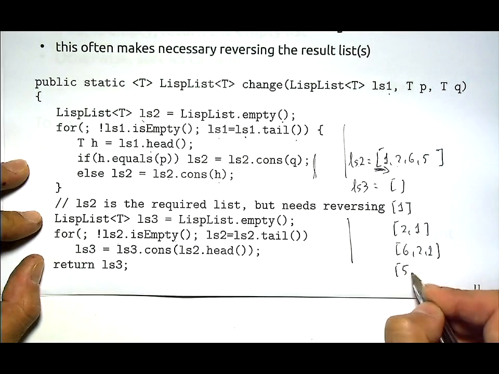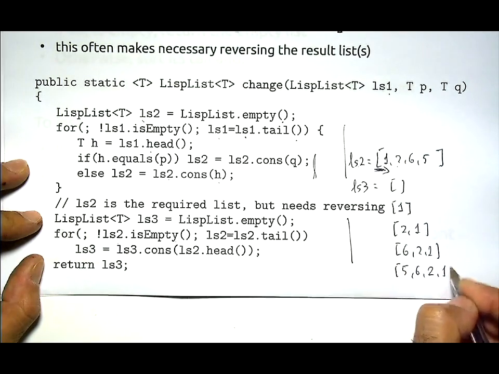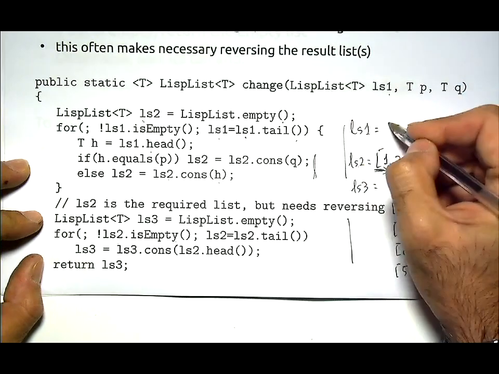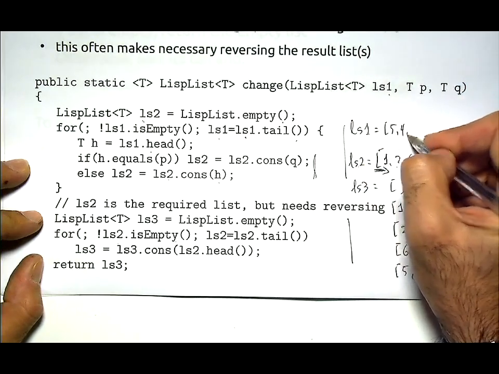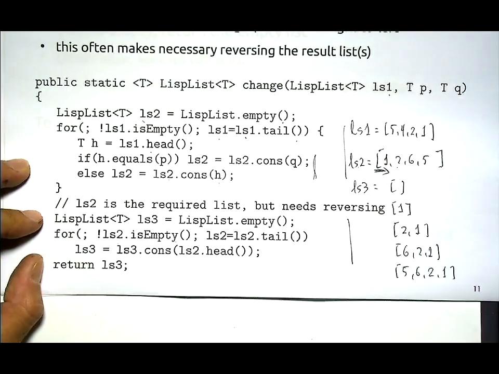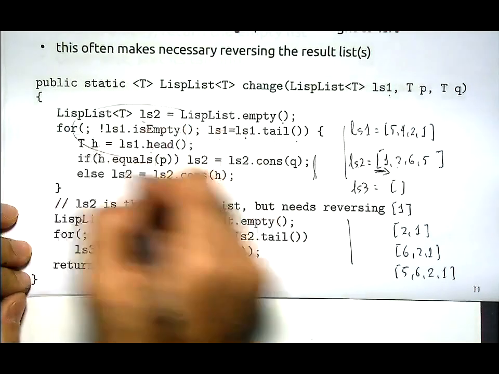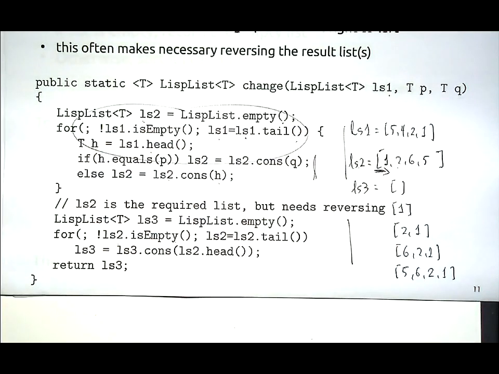And then 5, 6, 2, 1. Remember here that ls1 was 5, 4, 2, 1. Okay? Any questions? Okay, so iteration can be done on lists. You use loops of this kind, but you have to be careful that you might get back reversed lists.